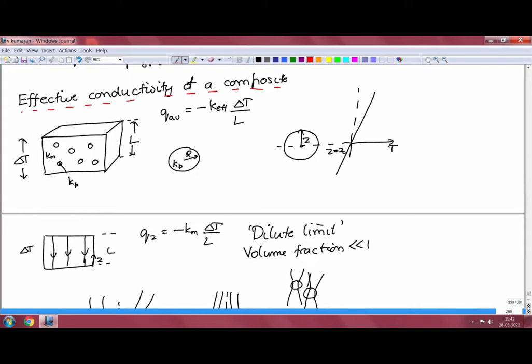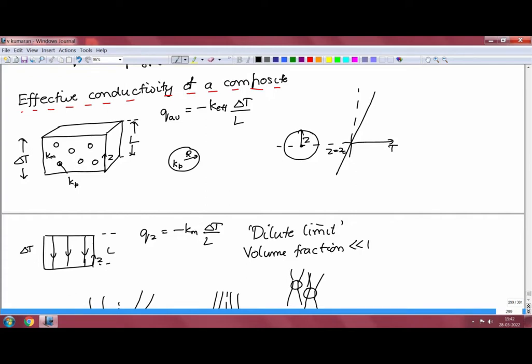The composite consists of spherical inclusion of particles with thermal conductivity Kp in a matrix which has thermal conductivity Km. The direction in which the temperature difference is applied is designated the z direction, and the composite is of extent L in the z direction.